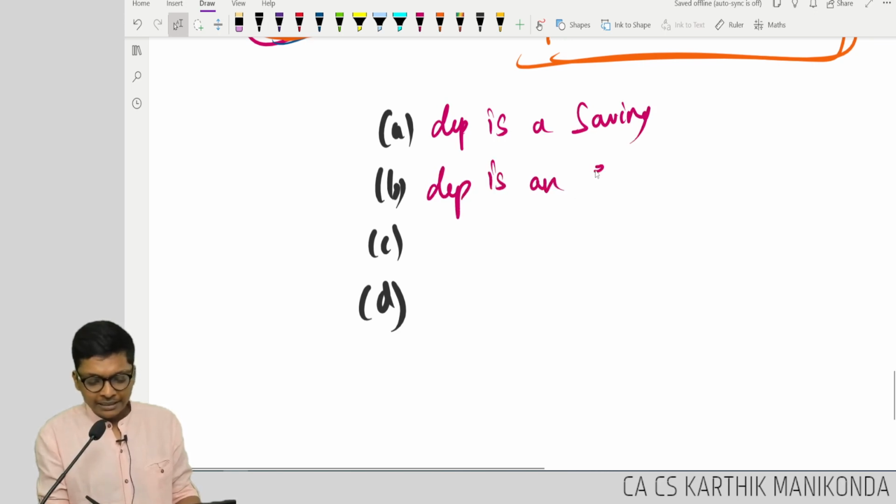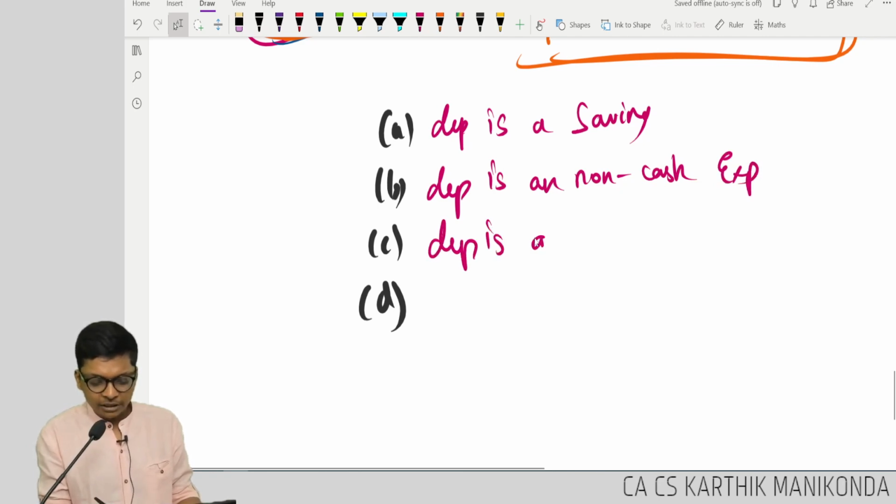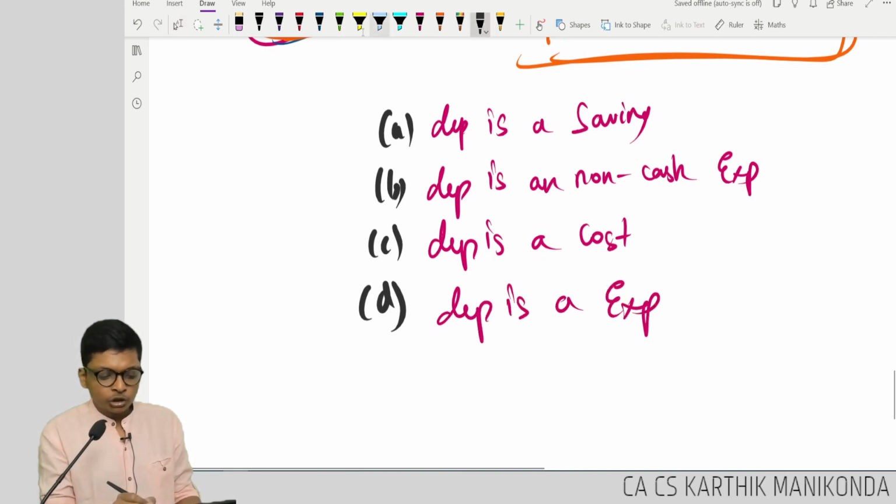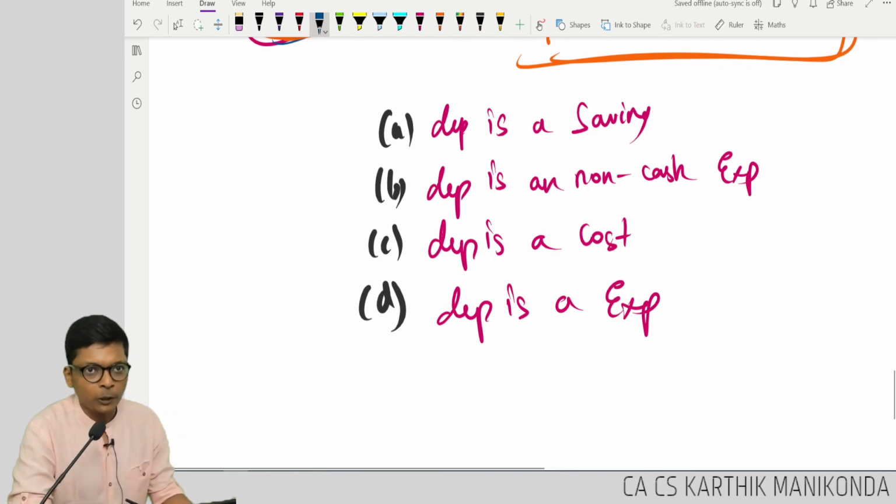B: Depreciation is a non-cash expense. C: Depreciation is a cost. D: Depreciation is an expense. You can choose one or more options. What are the correct options?